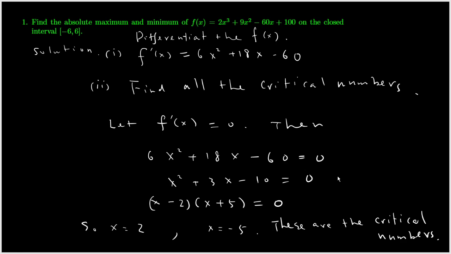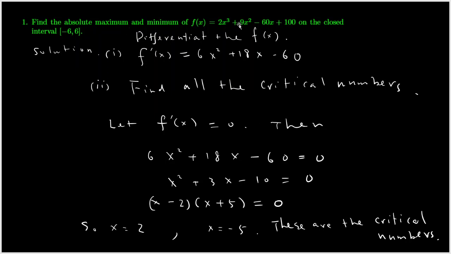If you want me to summarize a little bit, be careful of the condition. The function has to be continuous on a closed interval. If that's the case, you can use the following method. In step 1, you differentiate the function. In step 2, you get all the critical numbers, the same as before. The first two steps are the same.